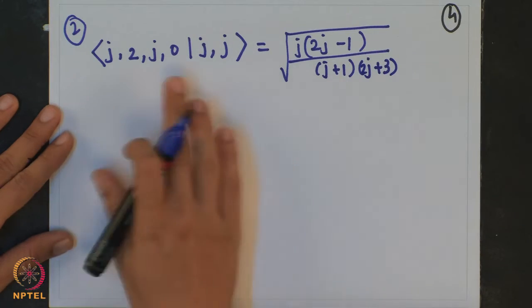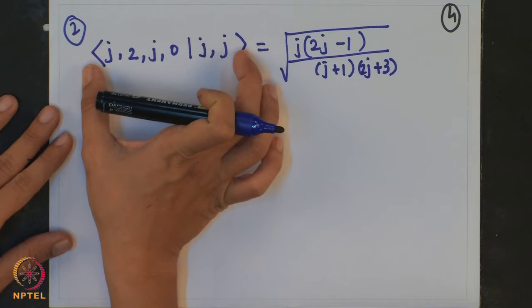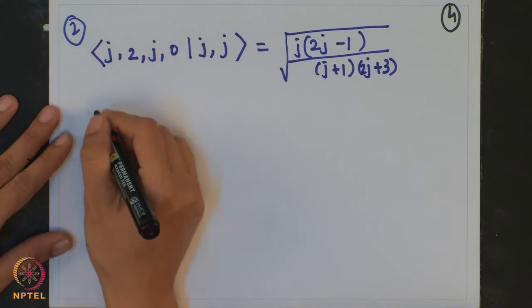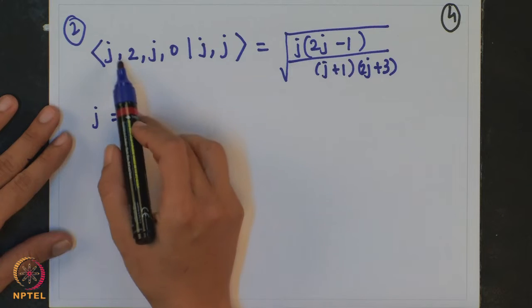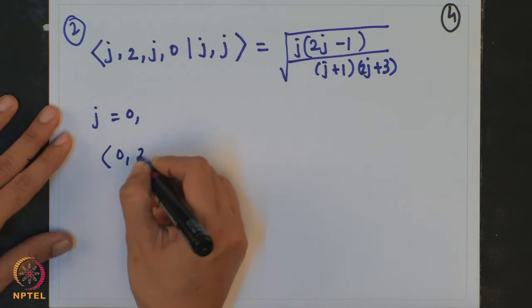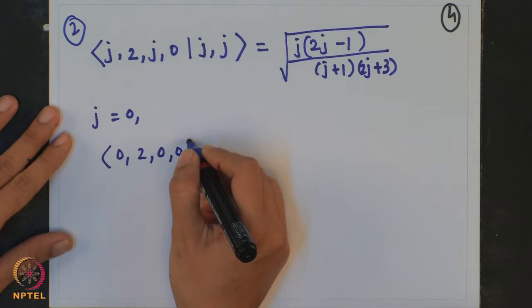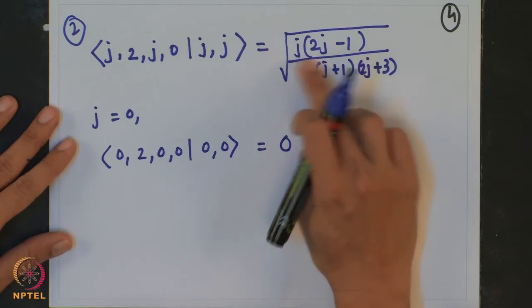This is given to you. This quantity is 0. When it is 0, let us check. When you take j is equal to 0, this term, that is 0 2 0 0 0 0, will be 0.